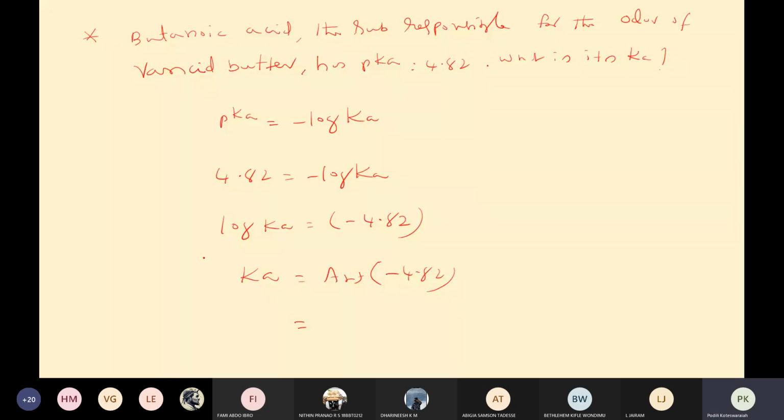So like this, if the Ka is given, you need to calculate the pKa. If the pKa is given, you are also able to calculate the other values. And in the same way, the second numerical: formic acid, HCOOH.